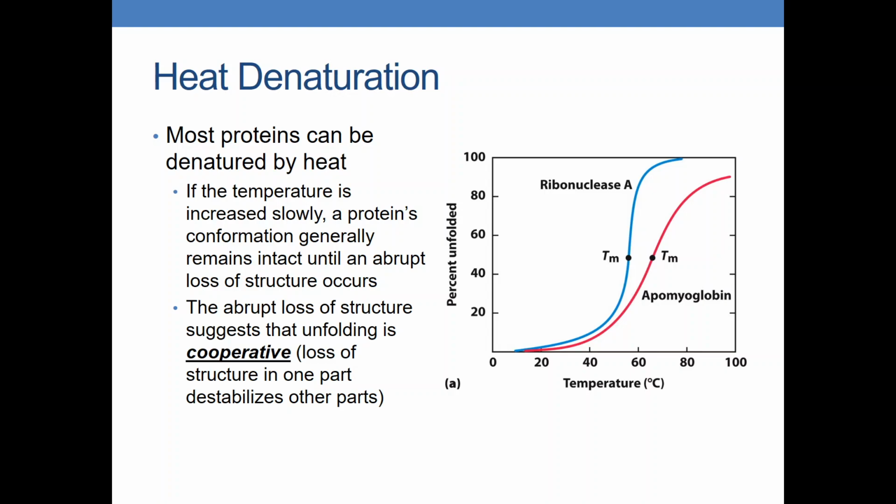Okay, so there's some interesting nuance that we need to talk about here. If you increase the temperature slowly of a solution of protein, you're going to start disrupting those hydrogen bonding interactions. But the protein's overall conformation generally will remain intact, and this is due to the hydrophobic effect. That is until you see an abrupt loss of structure.